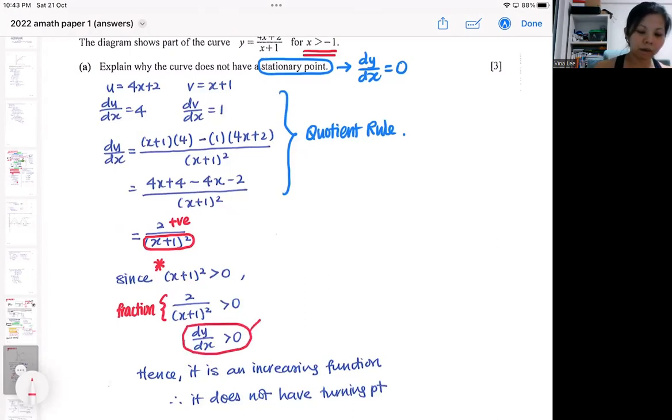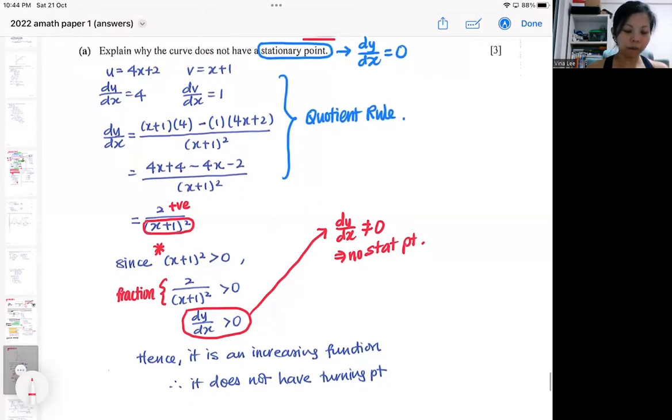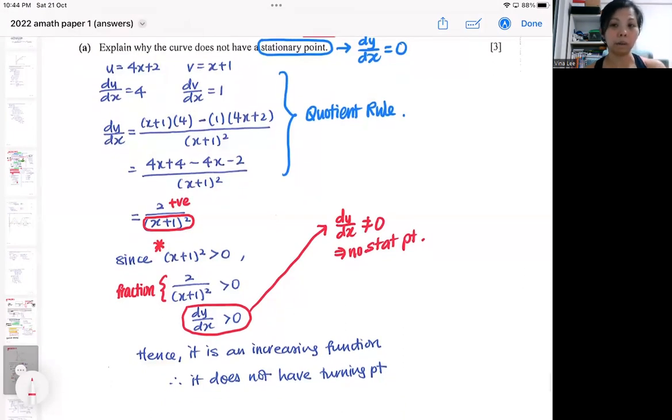And then the dy dx will always be positive. From here, there are actually two ways of explaining. Since dy dx is always positive, it cannot be equal to 0. Because it's always positive, it will never be equal to 0, and that's why there are no stationary points. Alternatively, we use the idea that dy dx is always positive.